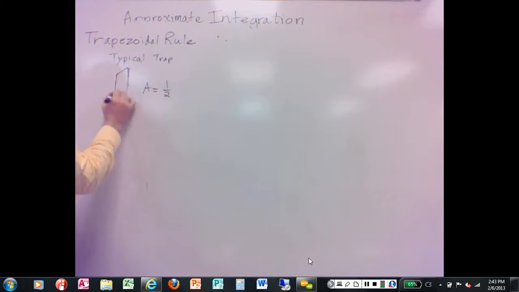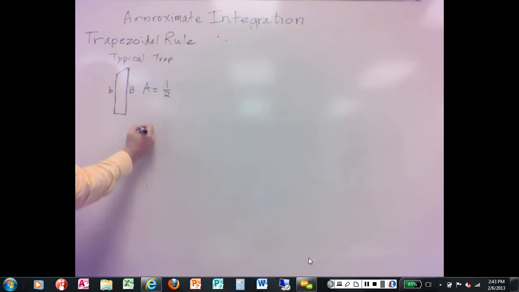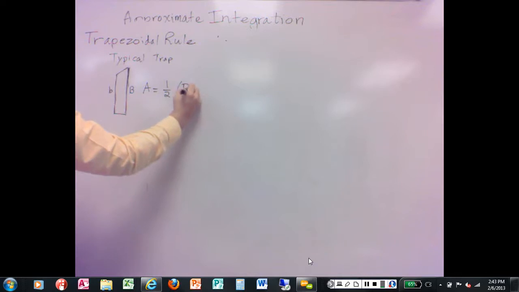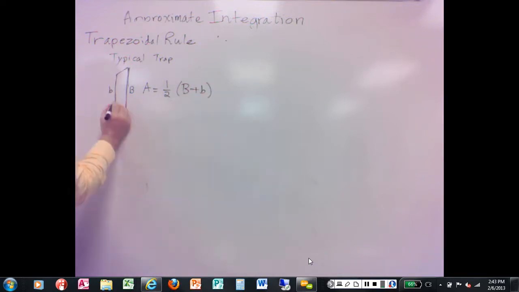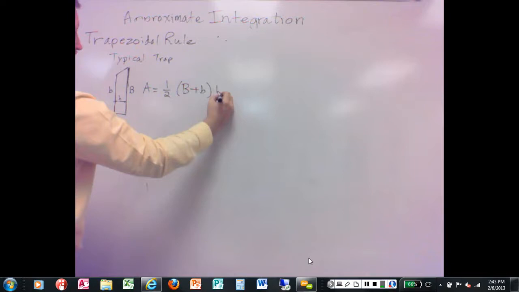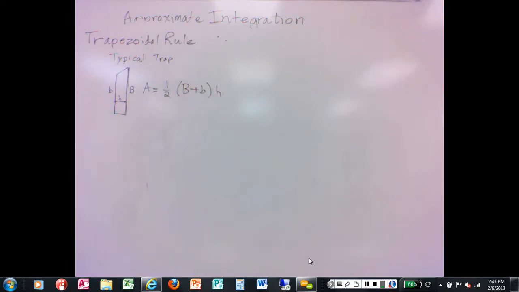Well, if you call the parallel sides big B and little b, one way to do it, it's big B plus little b, and then times h. The h is the distance between the parallel sides. Okay? All right, so remember that.